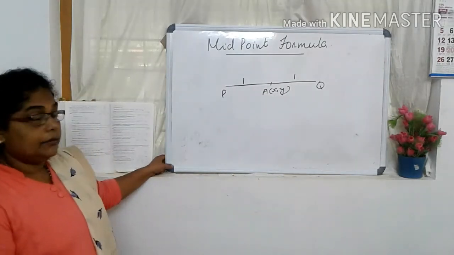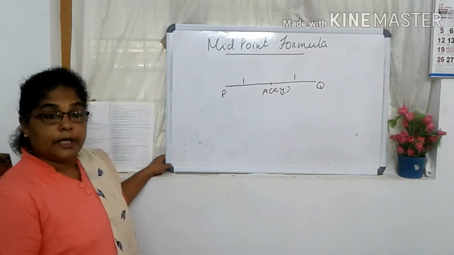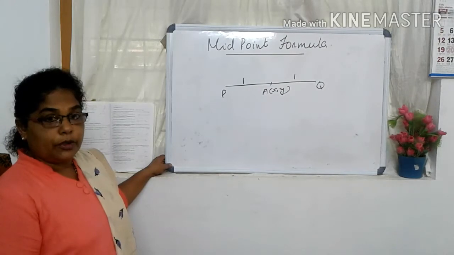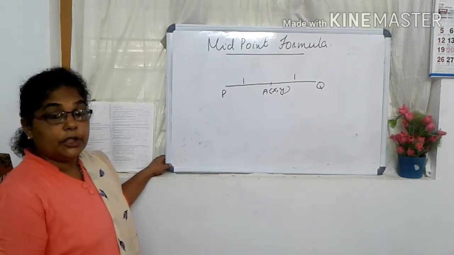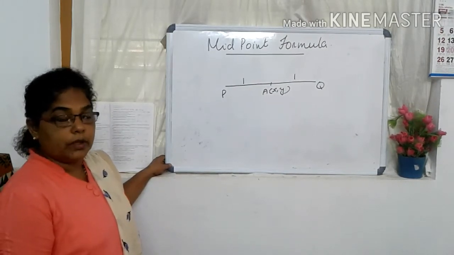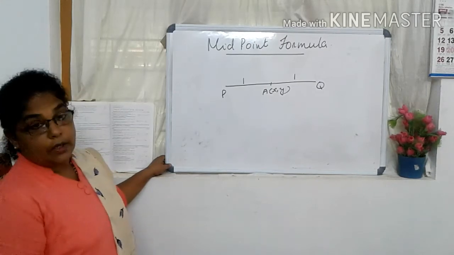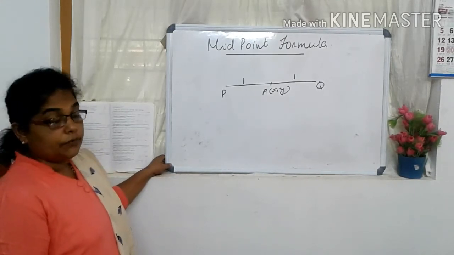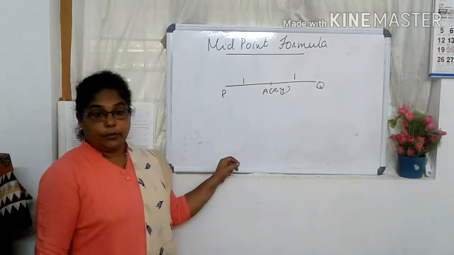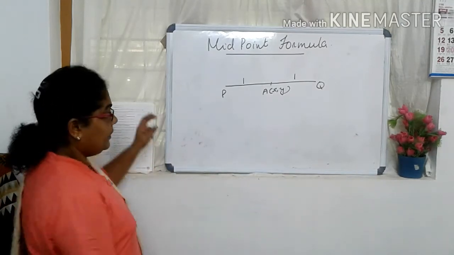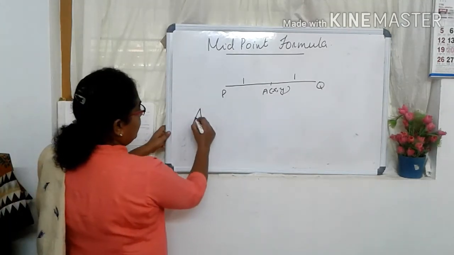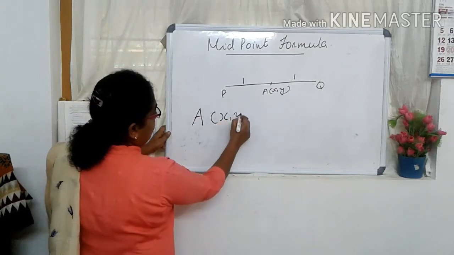For m1 it is 1, m2 also 1. So midpoint means it is cutting in the 1:1 ratio. So you have to apply the section formula and find out the midpoint formula. Now I am giving the midpoint formula directly.